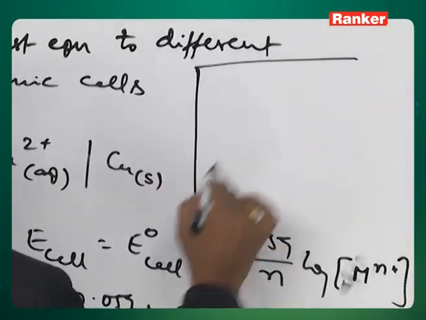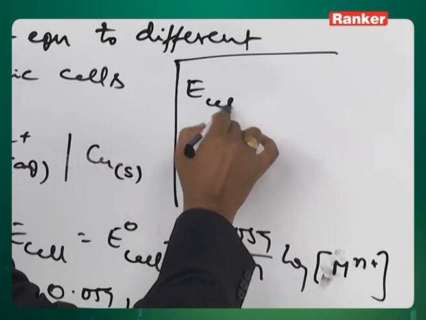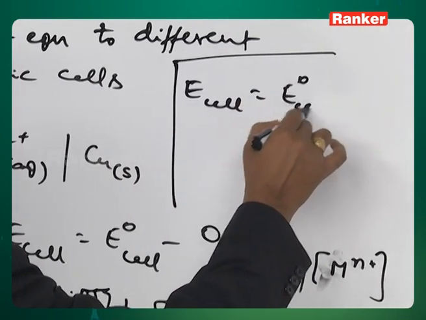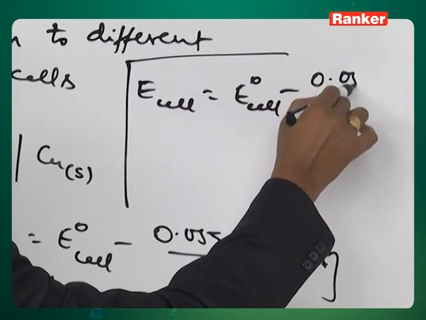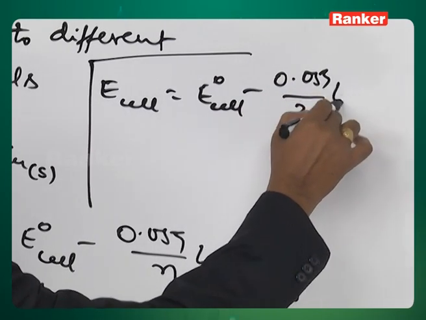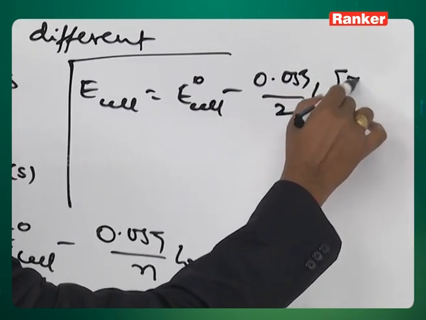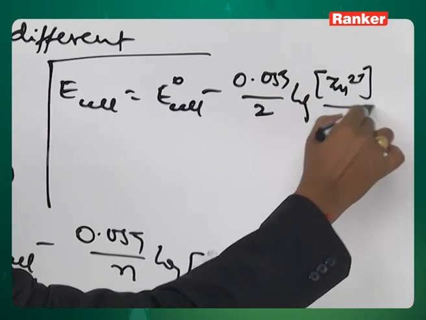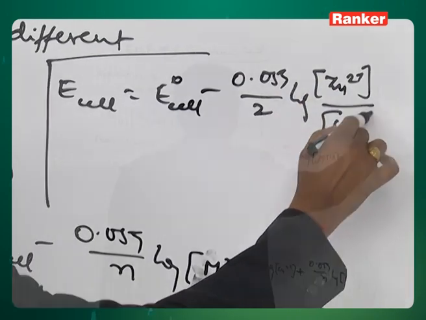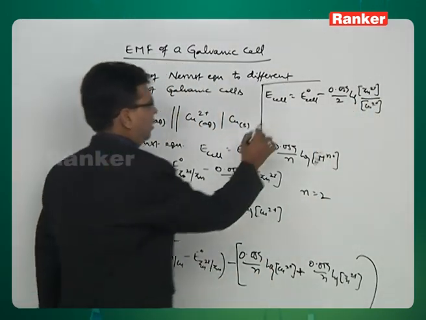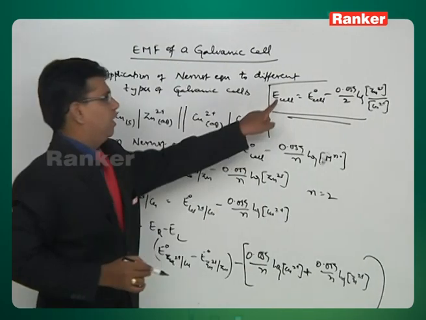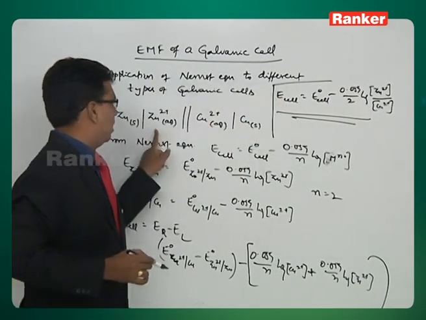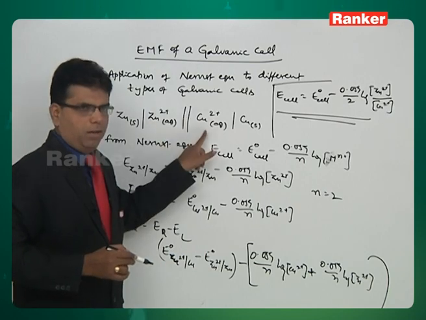So, we can write E cell as E naught cell minus 0.059 by 2 log Zn2+ by Cu2+. This is how we finally get the EMF of this galvanic cell, the zinc copper couple.